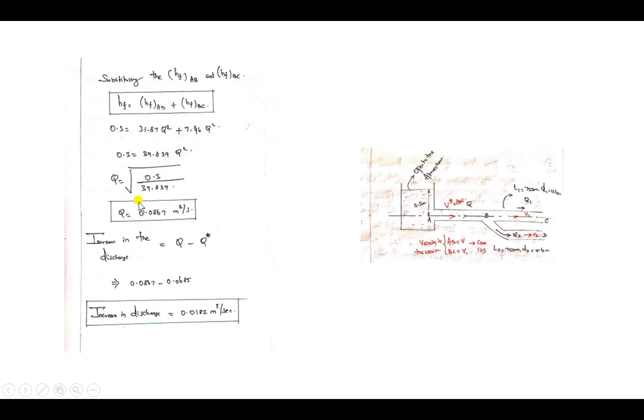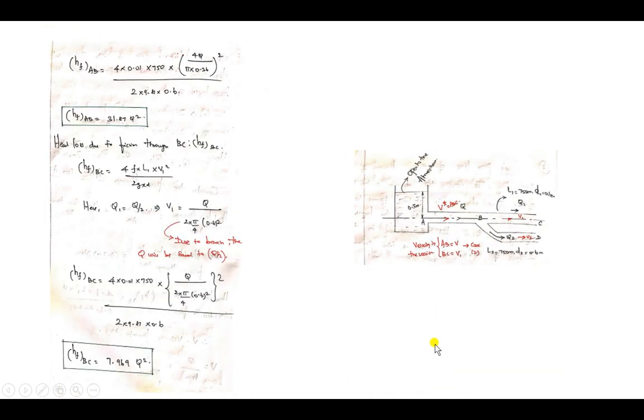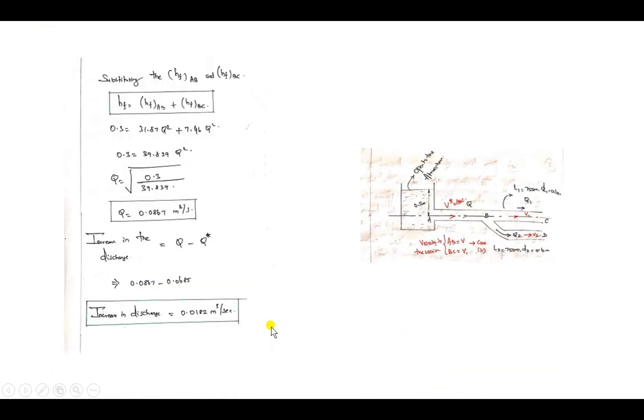This Q is nothing but the discharge when the pipe BD is added. So this is the increased discharge when we add BD from point B, of length 750 meter. It is the total discharge when we have two pipes connected to a single tank. That Q star is the discharge when we have a single pipe. The question asks what the increase in discharge is.